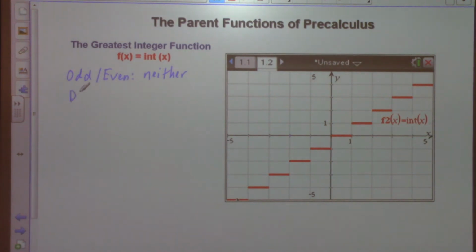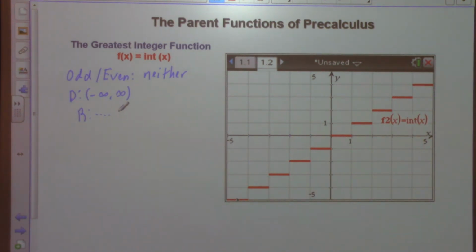The domain is all real numbers. What about the range? Here's the way I would write the range. I'm just going to do this pretty quickly.